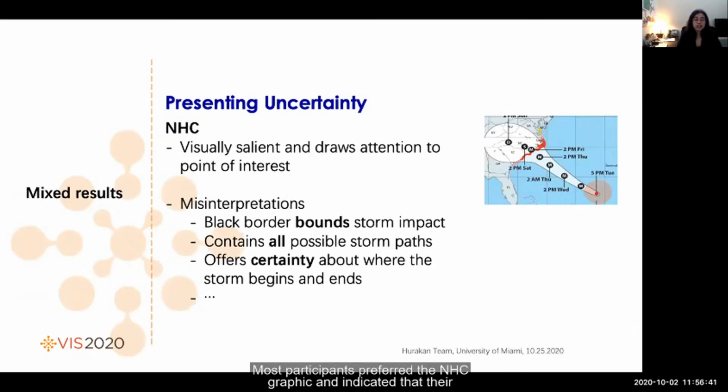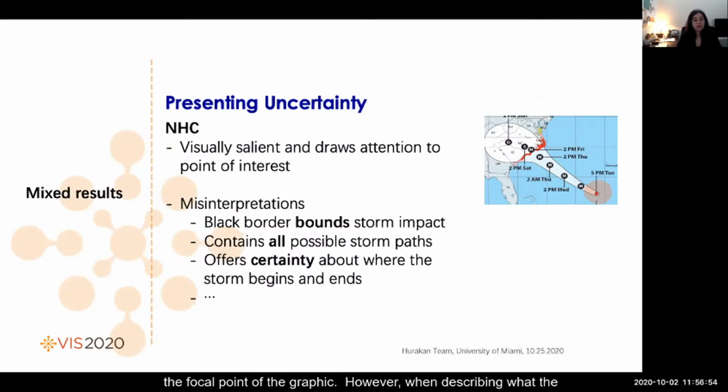Most participants preferred the NHC graphic and indicated that their preference was because of the cone design, specifically that the NHC cone had a greater visual saliency and drew their attention to what they perceived to be the most important or the focal point of the graphic.